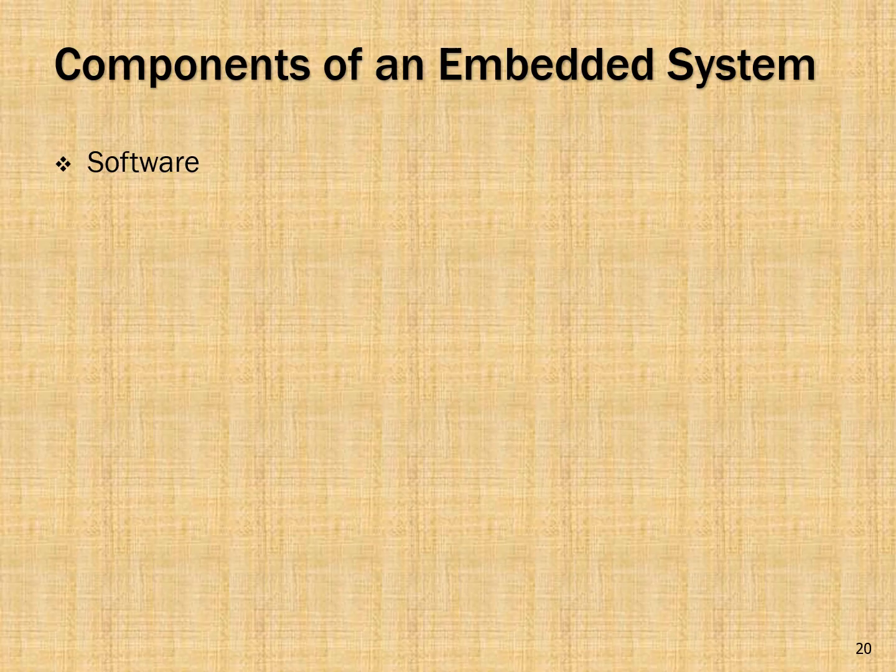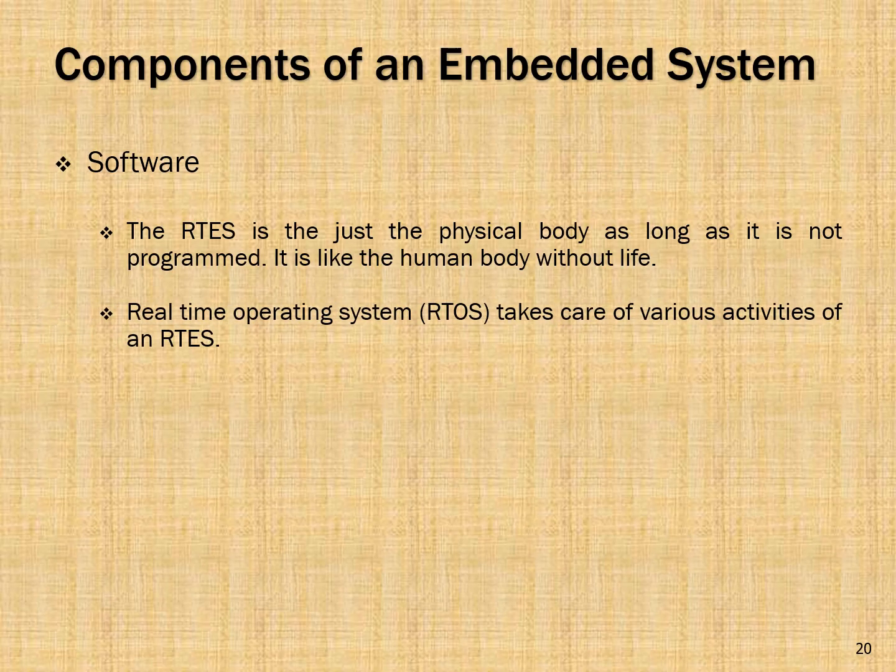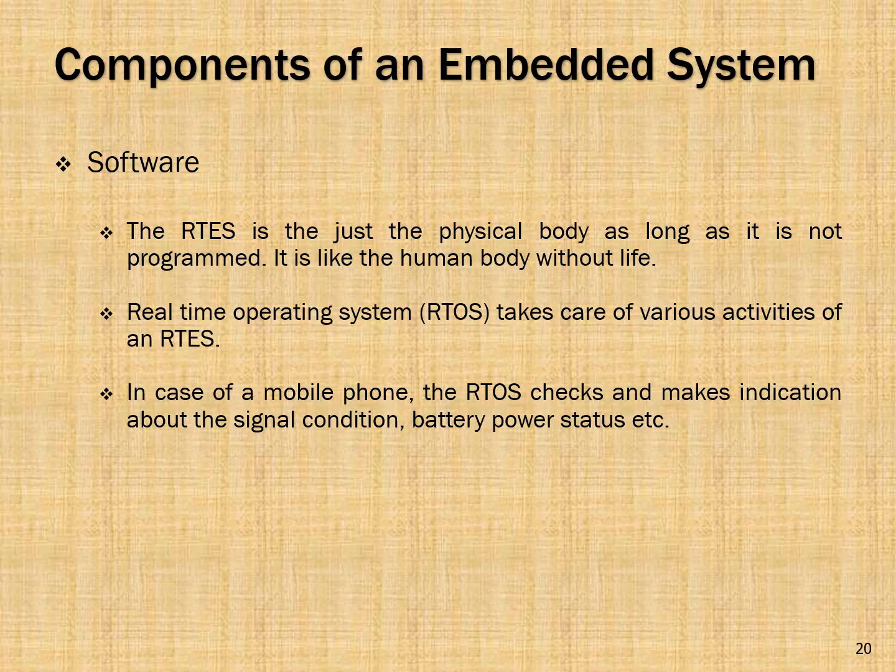In the component we have after hardware we have software. So the RTES is just a physical body as long as it is not programmed. So it's like a human body without life. The real time operating system takes care of various activities in an RTOS.